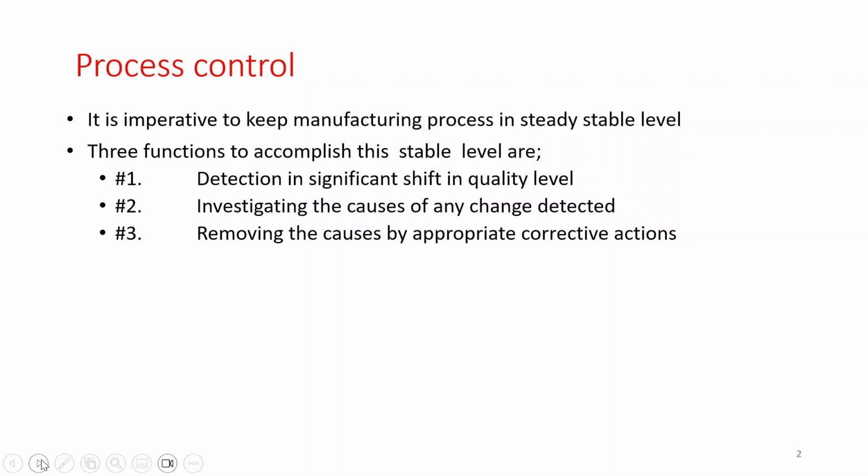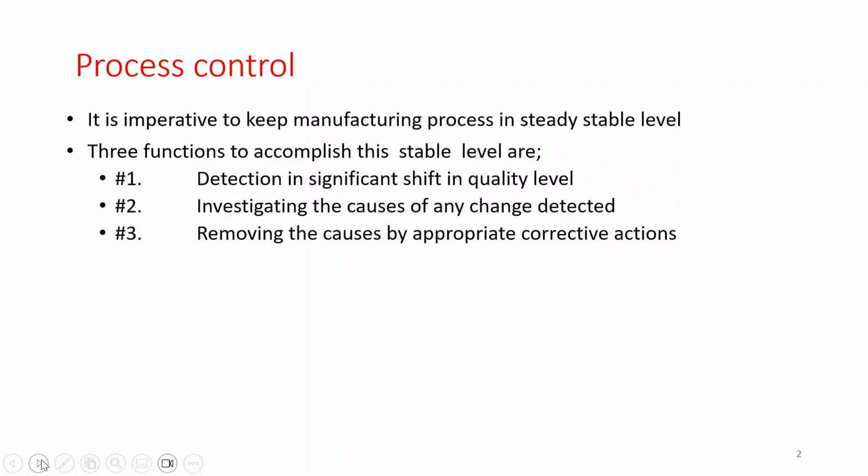The second point is investigating the causes of any change detected. And the third is removing the causes by appropriate corrective actions. So these are the three functions or tasks that we need to do.